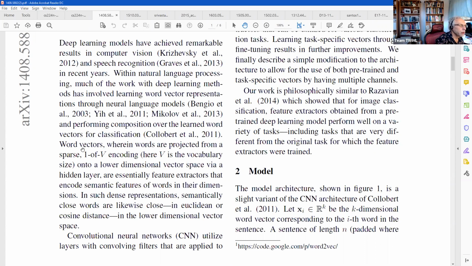Basically, he says that word vectors are essentially feature extractors that encode semantic features of words in their dimensions. So what does this mean? Semantic features, semantic means meaning.